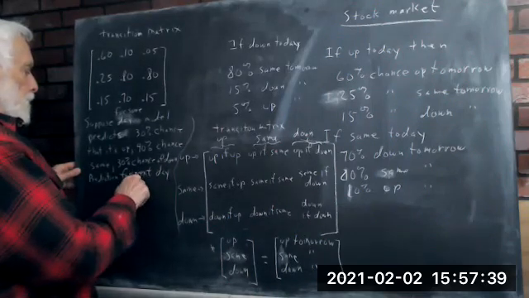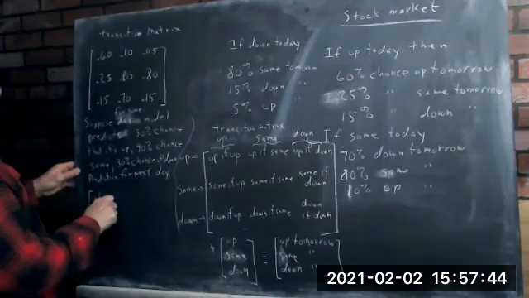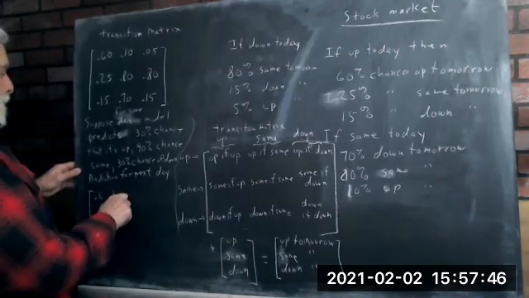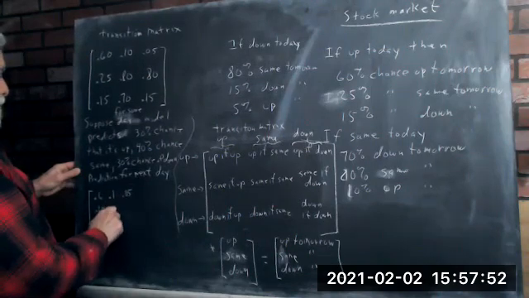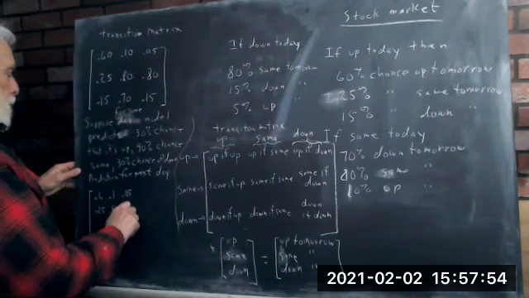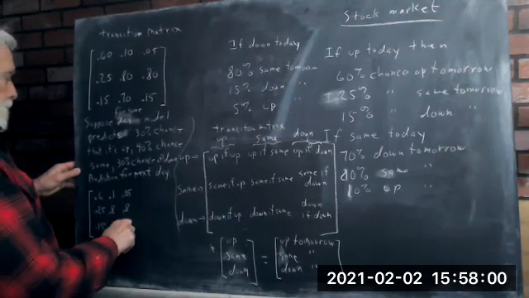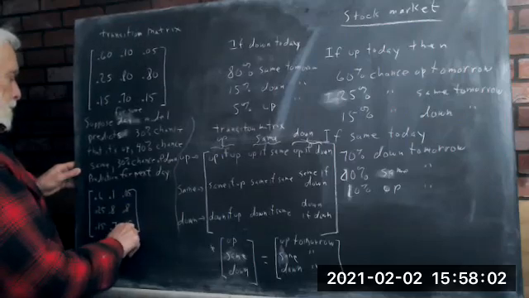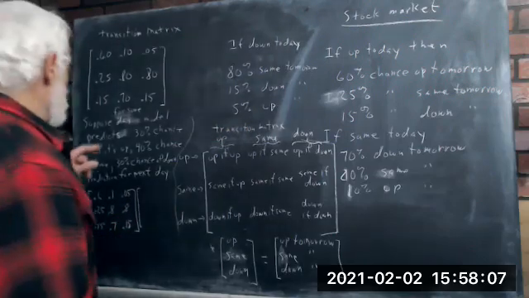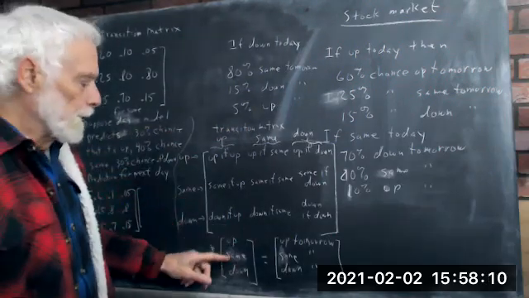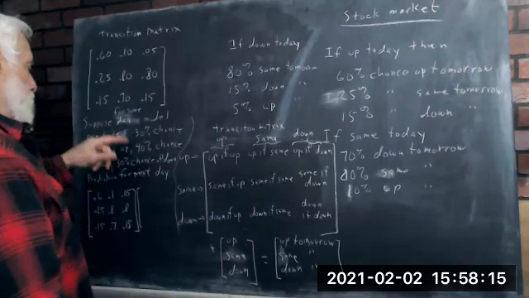The prediction for the next day: we multiply 0.6, 0.1, 0.05, 0.25, 0.8, 0.8, 0.15, 0.7, 0.15 by the column consisting of these probabilities of up, same, and down.